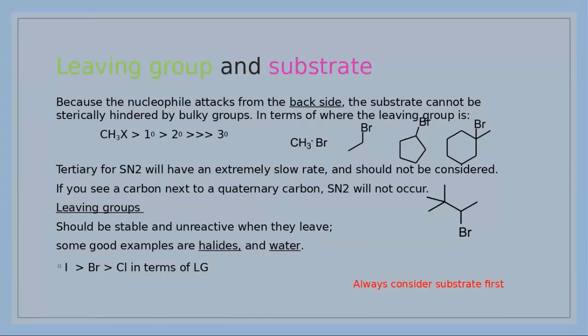Okay, so now we're going to talk about the leaving group and the substrate. Because the nucleophile attacks on the backside, the substrate cannot be sterically hindered by bulky groups. This is once again the same thing we're talking about. Just like the nucleophile can't be sterically hindered if it's too bulky, the substrate cannot also be sterically hindered.